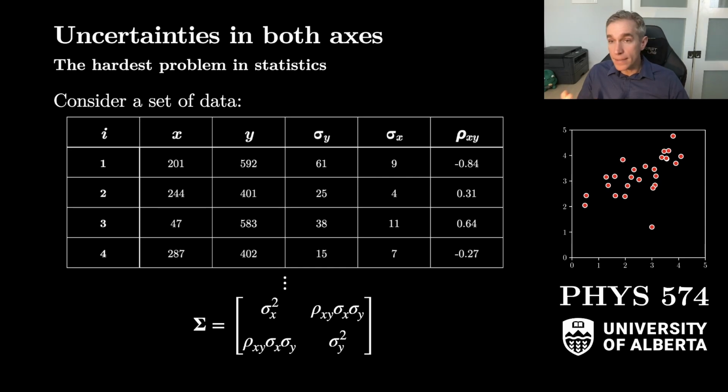So let's consider a data set here, which consists of the x and y values. This is the same data set I used previously with its associated 1 sigma errors. But I'm also going to introduce uncertainties in the x coordinate and covariances between them expressed as a correlation coefficient.